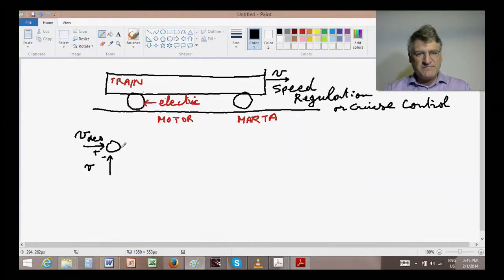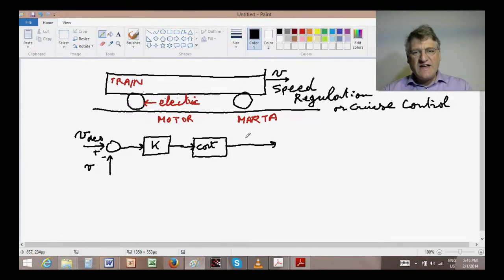If the actual speed is lower than the desired speed, what we want is to amplify that signal by a factor k and feed that into the cart, so literally the motor that drives the cart, in such a way that the output speed can be measured and fed back into the system.